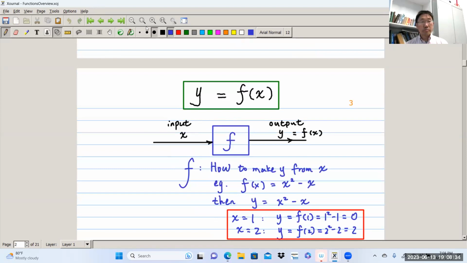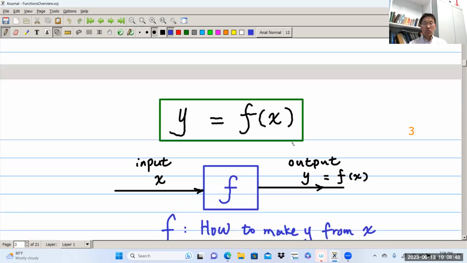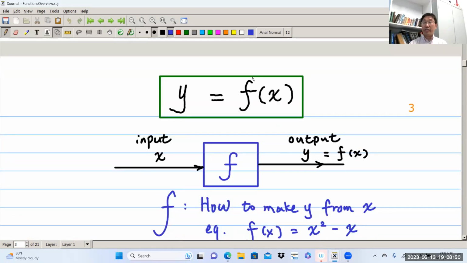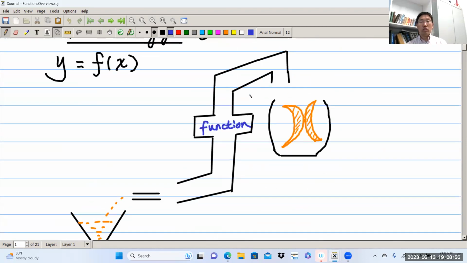I think we are all familiar with this mathematical notation, y equals f of x. So f is the name of this function, just like in the previous analogy, where we have a name for this machine.